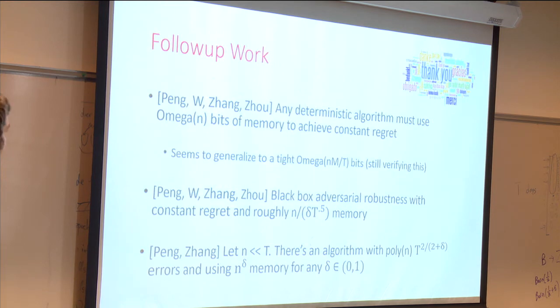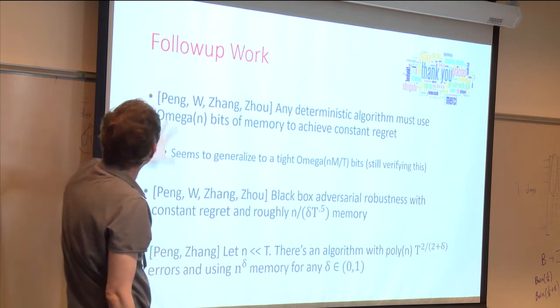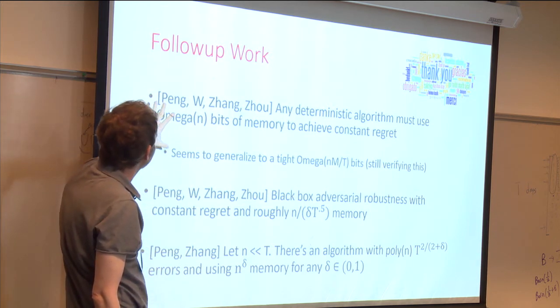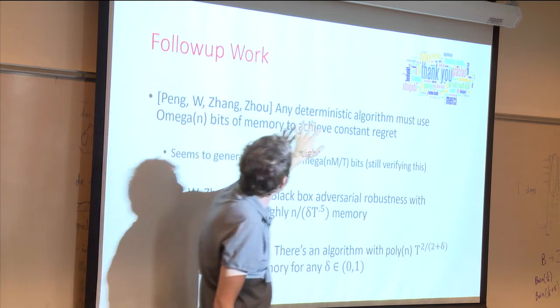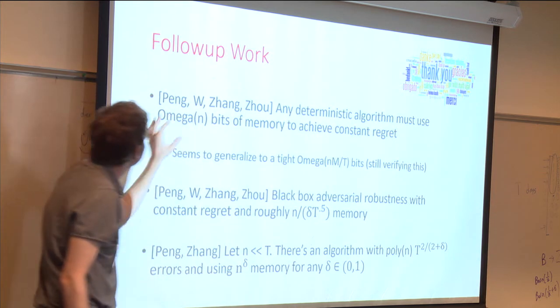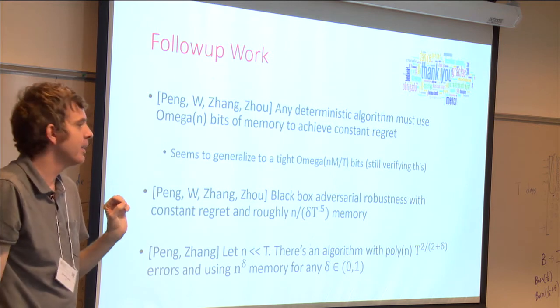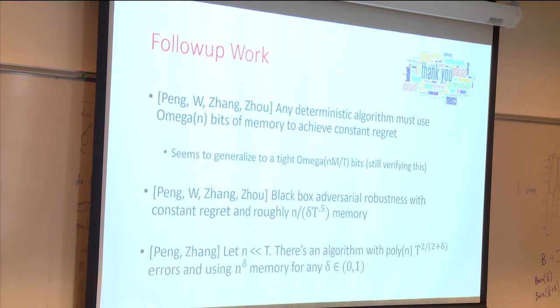There's some follow-up work. This is just a manuscript still being written, but one thing we can show is that any deterministic algorithm must use omega n bits of memory to achieve constant regret.